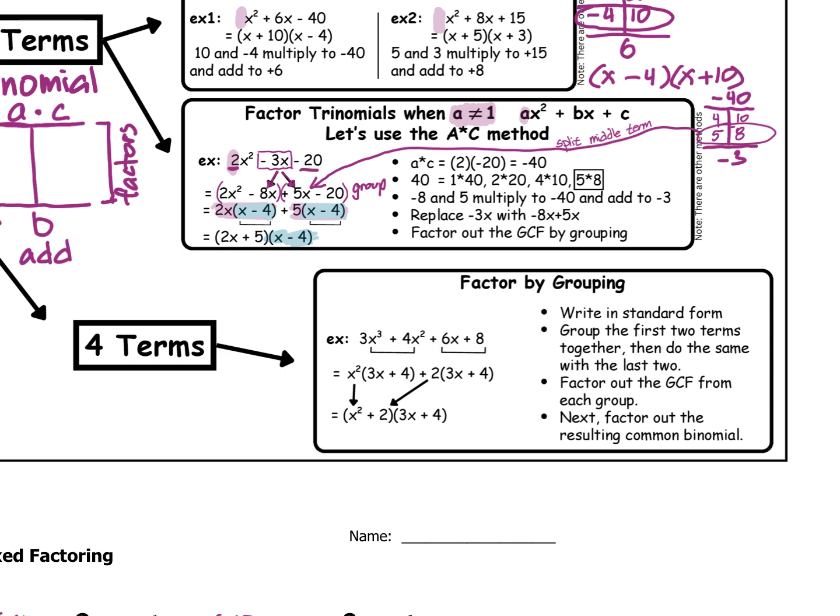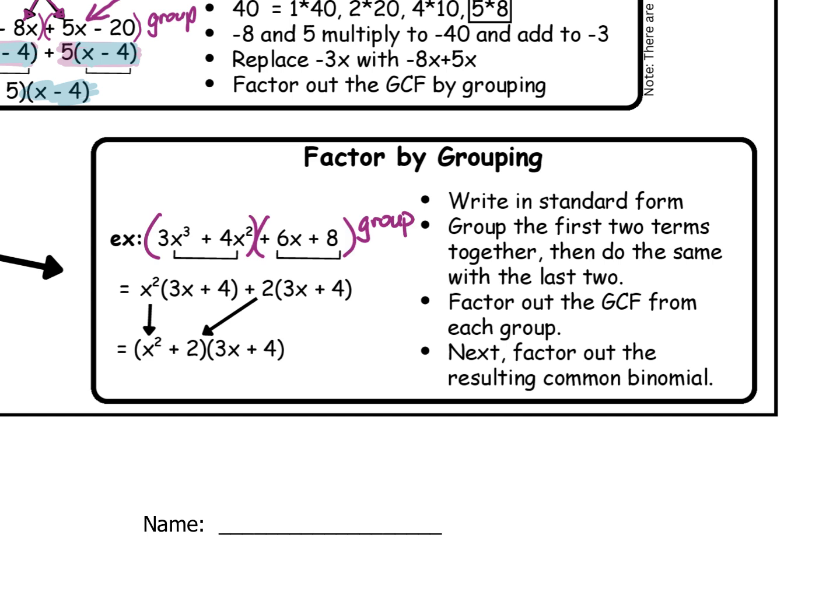We're going to start off by grouping. So put the parentheses around the first 2 terms and the last 2 terms, getting that sign in there. And now we're just going to look for that GCF in the first 2 terms. Well, I'm coming up with x squared, so there's that. And then I take all of this, divide out the x squared. I'm left with 3x plus 4.